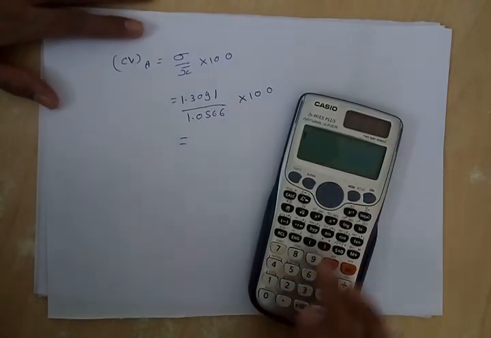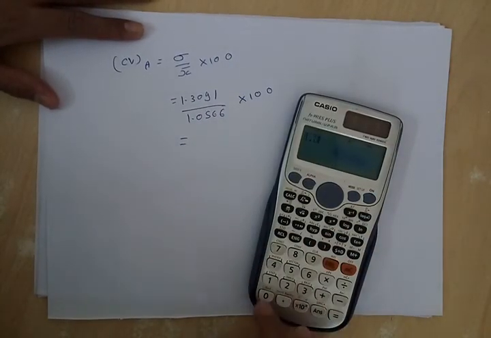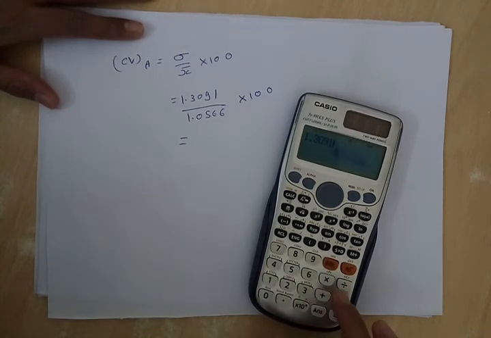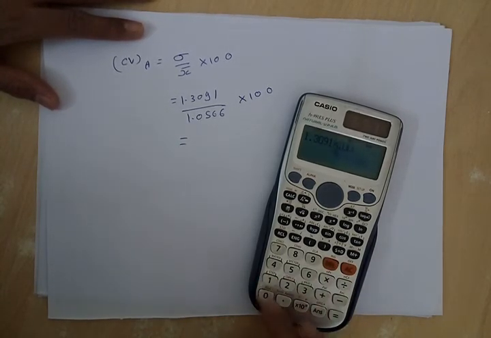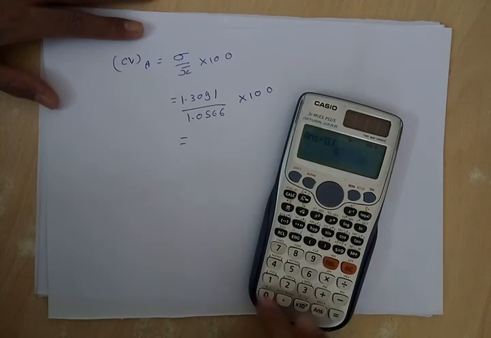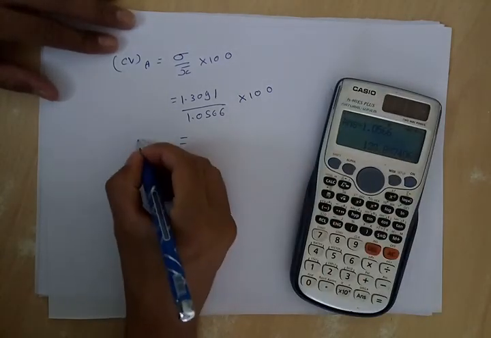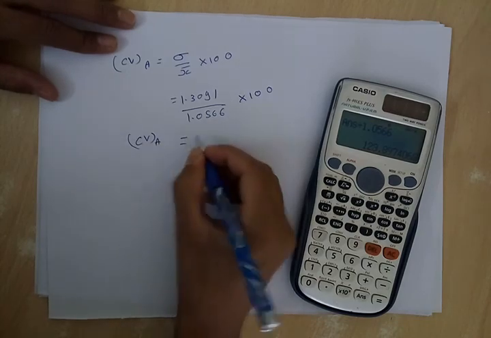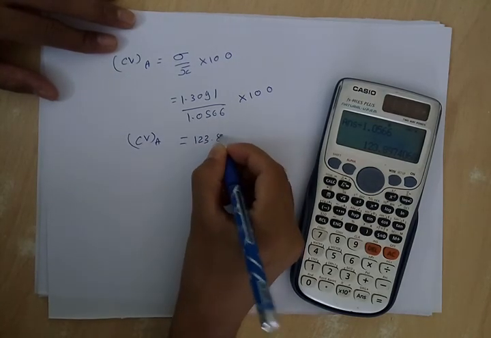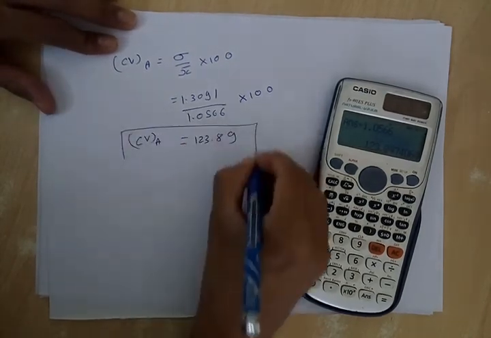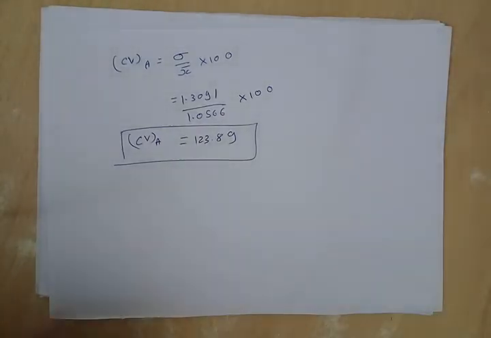So 1.3091 times 100 divided by 1.0566. So coefficient of variance for team A is 123.89. Now we will follow similar procedure for team B that we will calculate in the next video.